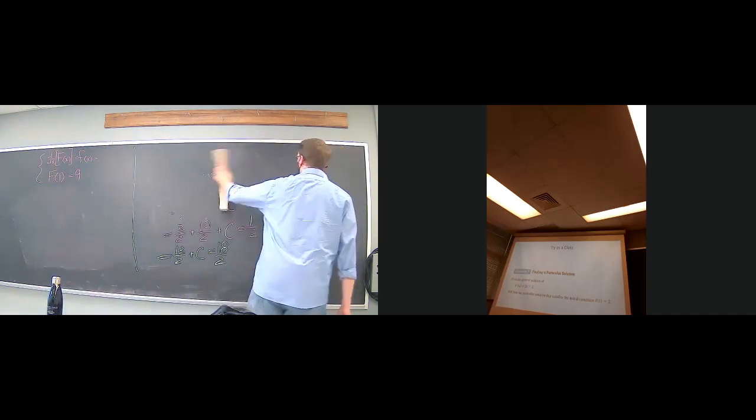Let's see it on the board. So what we're told here is that the derivative is 2x minus 2, right? And that our function at 1 is equal to 2.